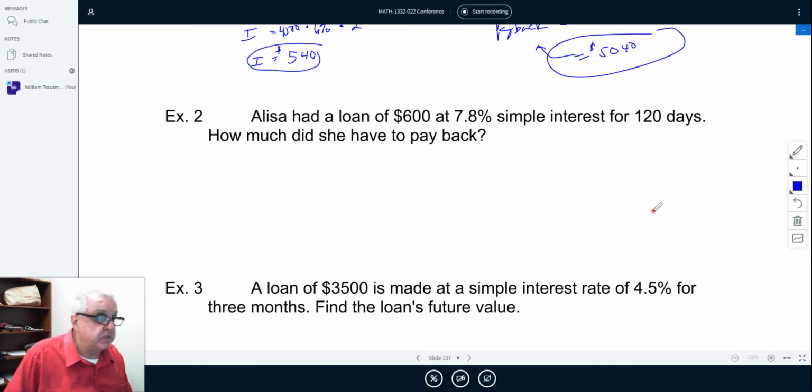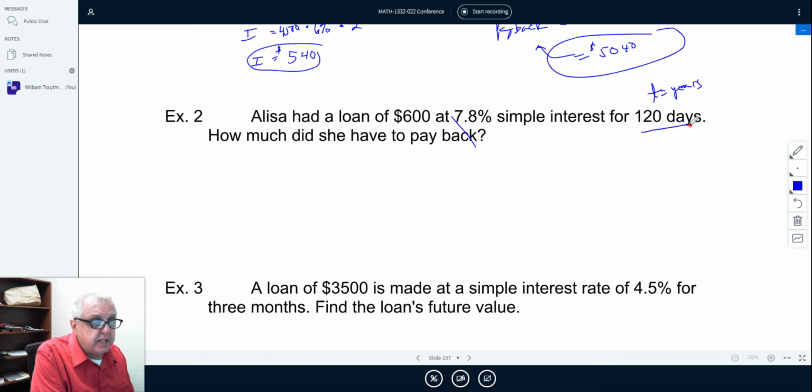Elisa had a loan for $600. Her interest rate, simple interest, was for 120 days. Well, for 120 days, we have to change all time. Time is only in years.